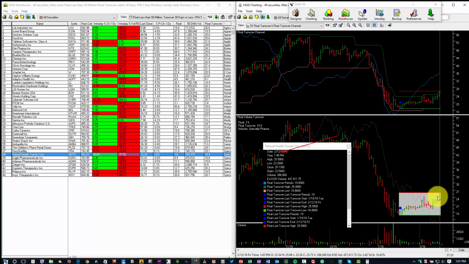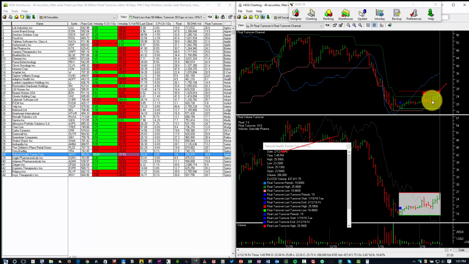Now it broke past this area, but now this is the float turnover period because this shifted to the right, and now this green arrow here represents, see where it shot up? It turned up here. Actually, it turned up yesterday. It's kind of hard to see, but this slope started going up, so it actually turned up back here.